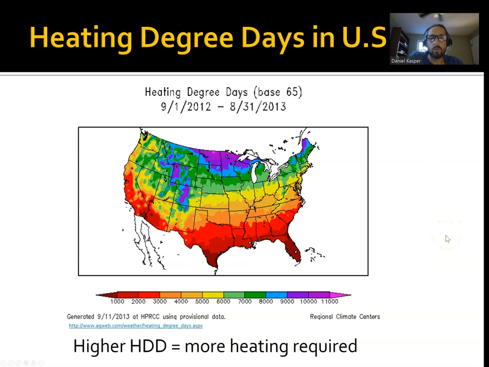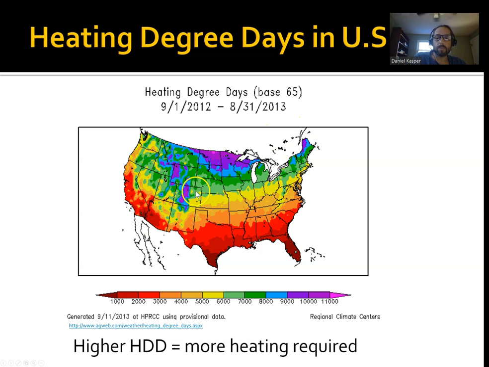And then if you look at an overall chart of HDD in the US, this I think should jump out at you right away. That purple is your high heating degree days, right? This is your annual HDD. So about 11,000 HDD up here in northern Minnesota, North Dakota. It's colder up there, right? Northern Maine.